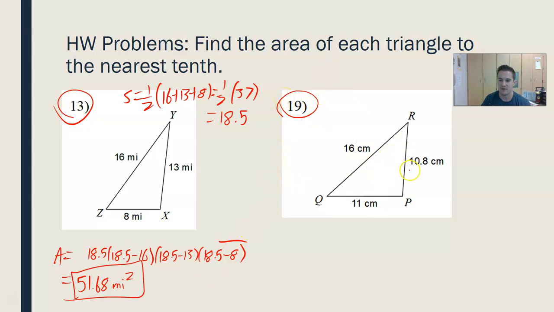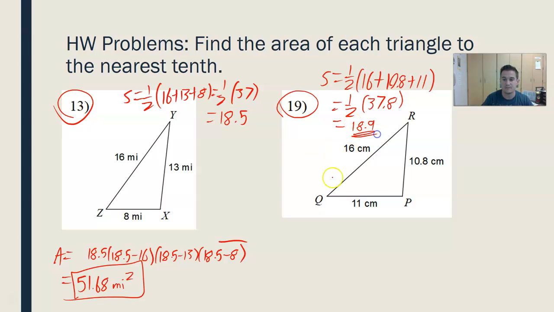I'm given all three sides, so I'm going to use Heron's formula. First, I'm going to find S, which is 1/2 times the sum of all the sides, or 1/2 of the perimeter. 1/2 times 16 plus 10.8 plus 11, which is 1/2 of 37.8. And half of 37.8 is 18.9.